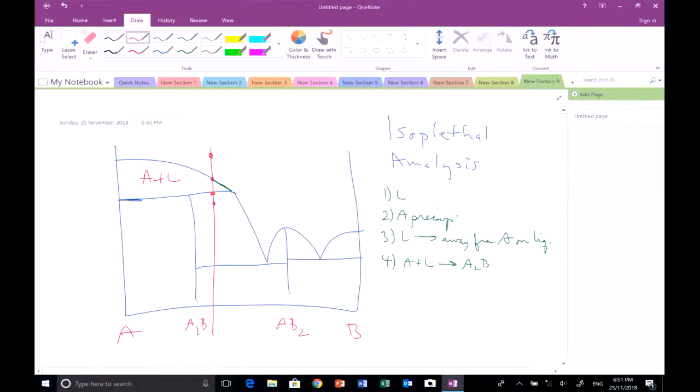what do I have? What's in that phase field right there? A2B and? So that must mean something else is precipitating. What is it? A2B?